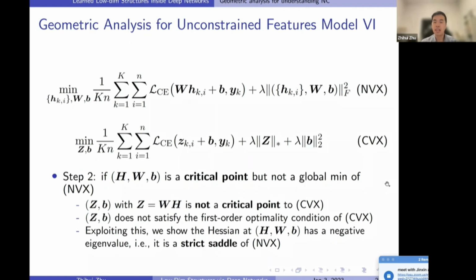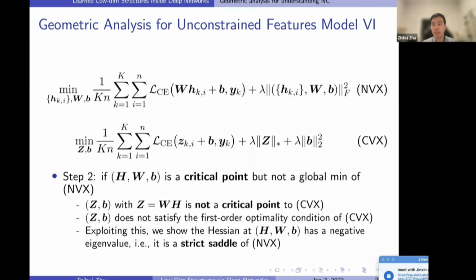The second step is to prove the benign global landscape. For this, we look at a critical point which is not a global minimum of the original non-convex problem. Because it is not a global minimum, Z, which equals W times H, together with b, turns out not to be a critical point of the convex problem, because it is not a global solution of the convex one.